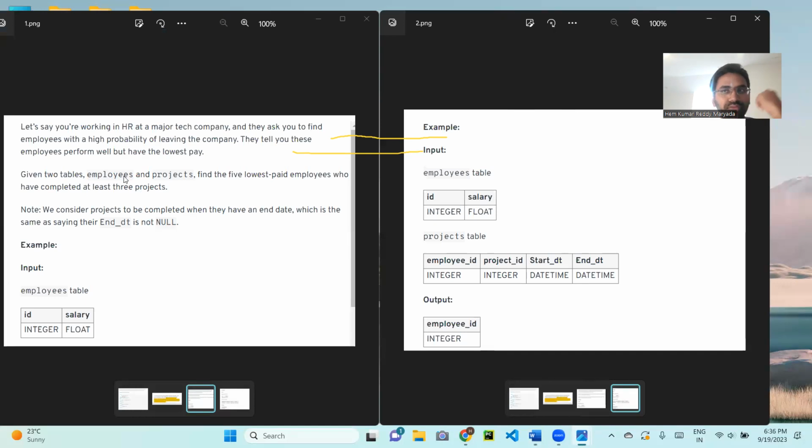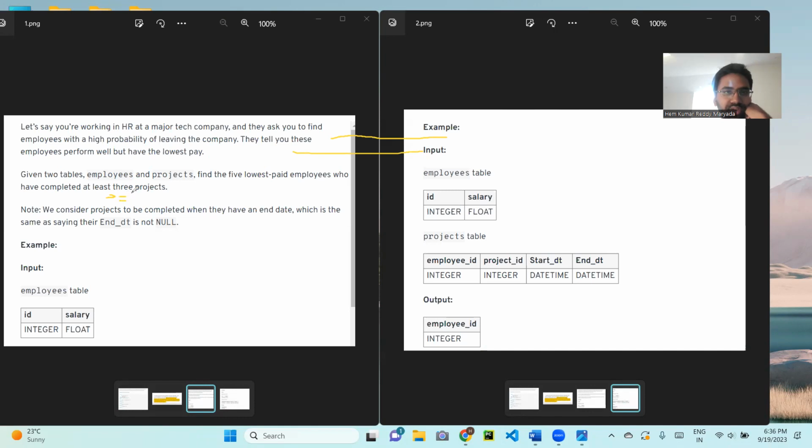Given two tables, the employee table and the project table, find five lowest paid employees. Five lowest paid, so that is why we kept limit 5. Who completed at least three projects. At least three means we have used greater than or equal to.